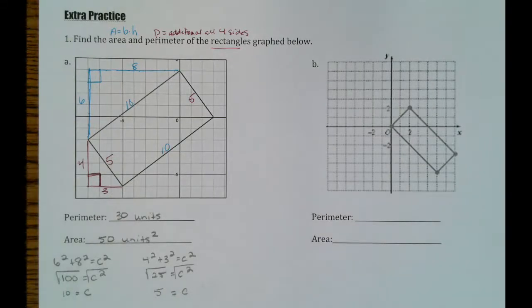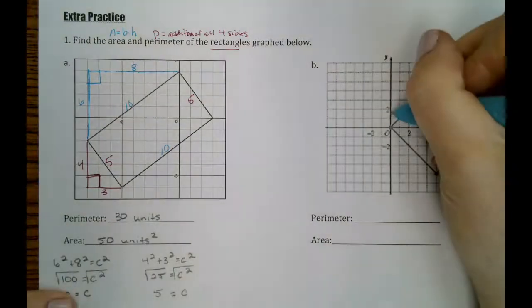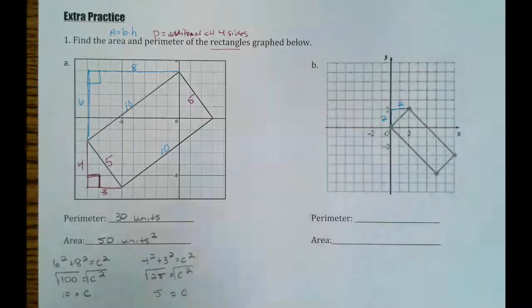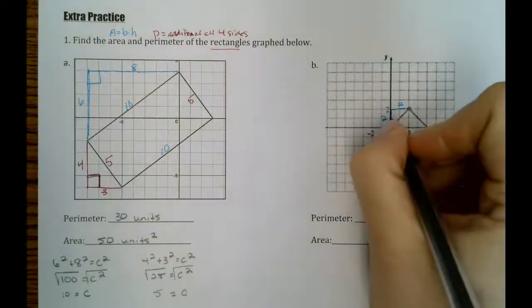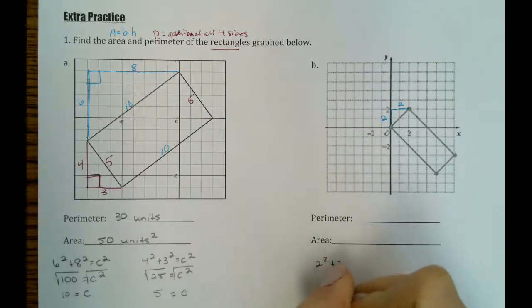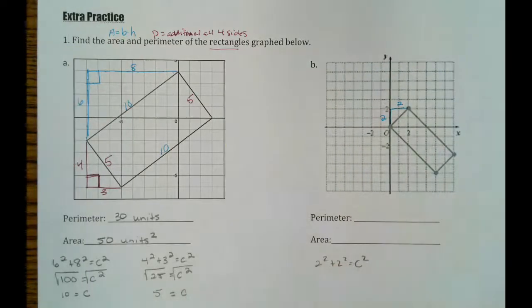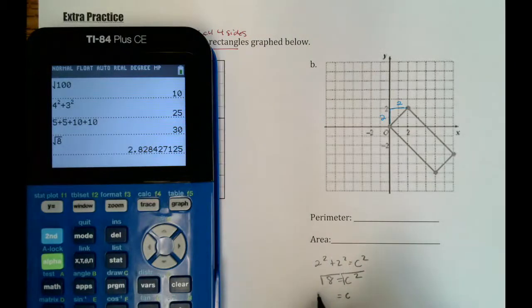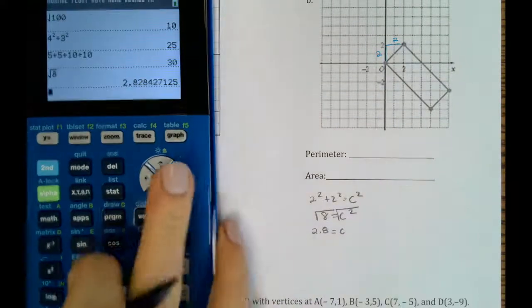Okay, let's move on to letter B. We're going to do the same thing here. So our first triangle is 2 and 2 for the sides. So here we'd have 4 plus 4, which is 8. And then we'll take our square root, which is 2.8. We'll round to 1 decimal place.